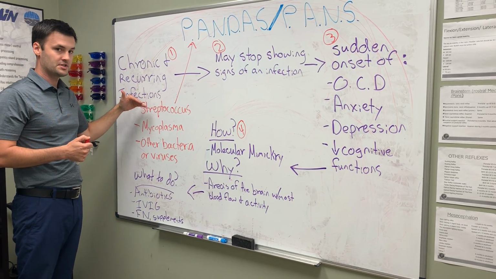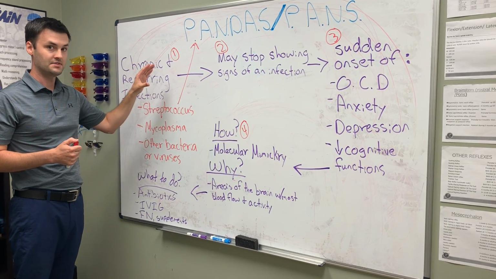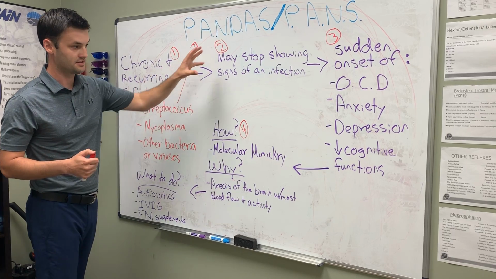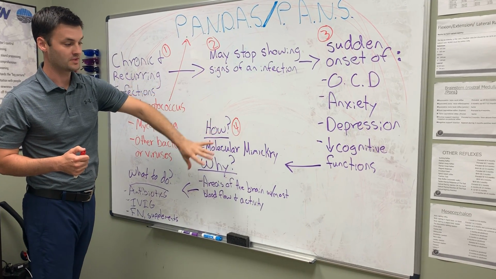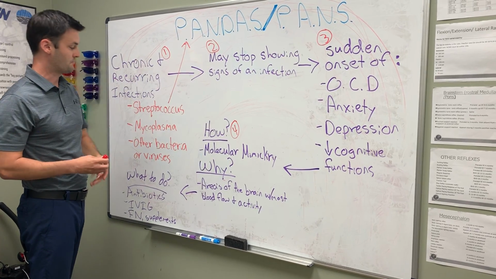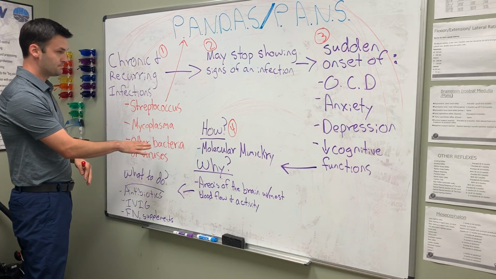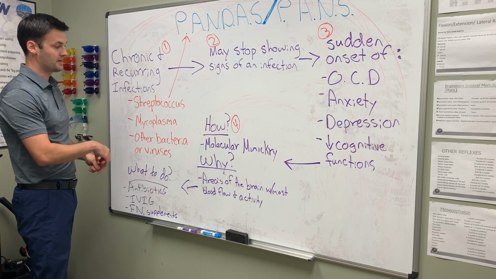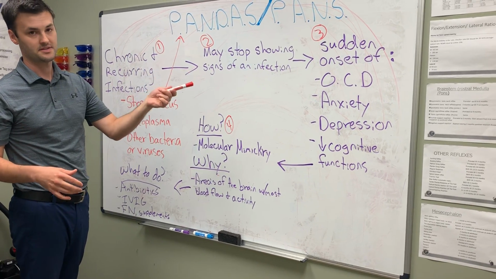Having chronic infections with strep does not mean you have this, but if you have all the other symptoms and laboratory markers that we'll go over in a second, then it is PANDAS. If it's a different bacteria or virus, then it's technically called PANS.